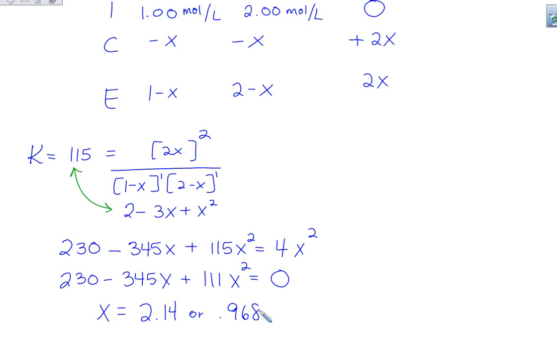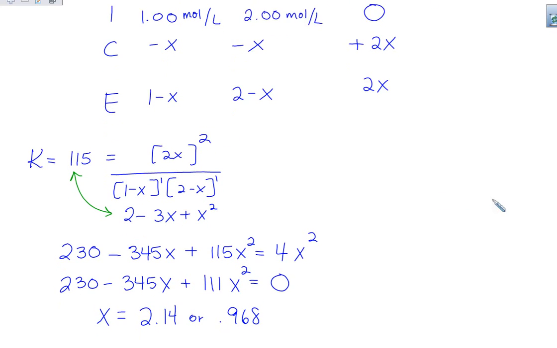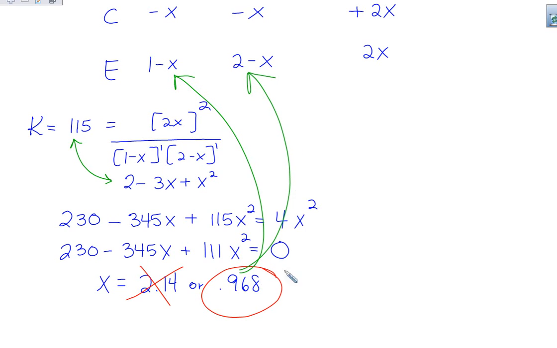I can't take 1 minus 2.14. I can't make x greater than 1. I can't react more than what I originally had. So between these two, it can't be 2.14. It's got to be this guy. That now I can plug in, and I can solve for the concentrations at equilibrium.